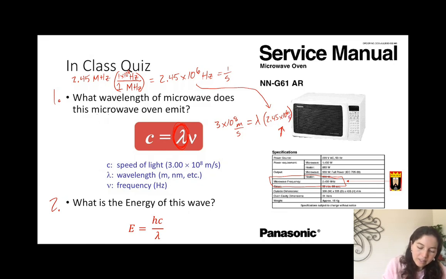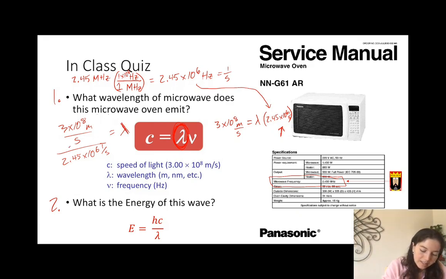All right, so let's solve. We have 3 times 10 to the 8 meters over seconds, and we're going to divide that by 2.45 times 10 to the 6 inverse seconds to get to lambda.